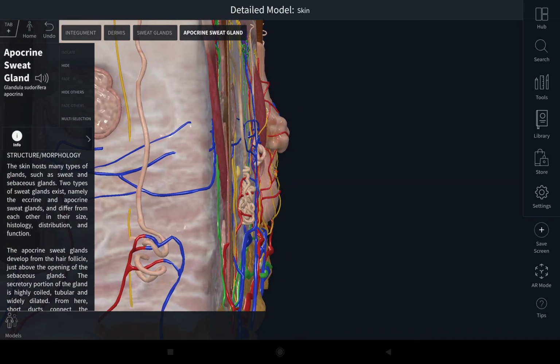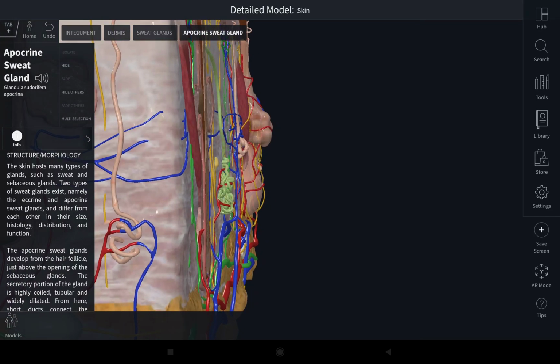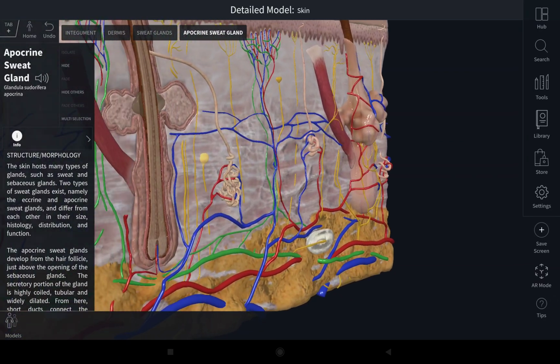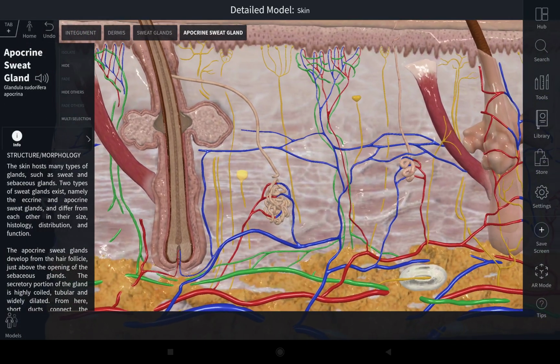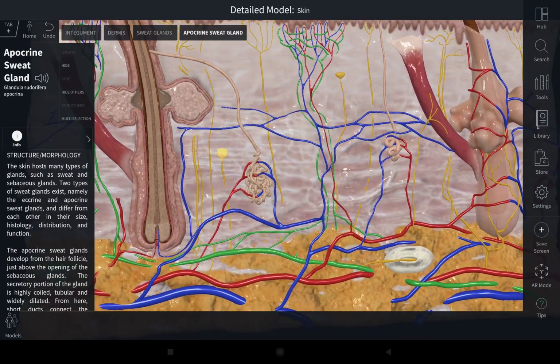The apocrine sweat glands develop from the hair follicle, just above the opening of the sebaceous glands.